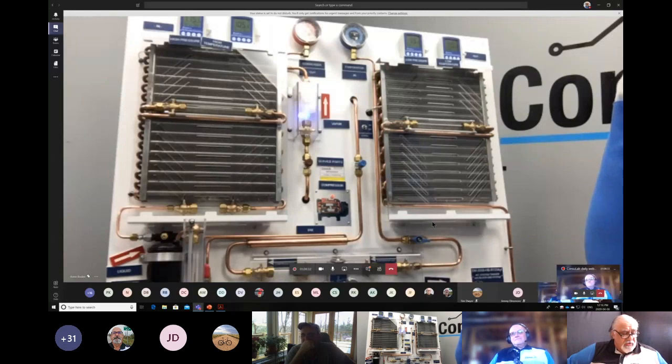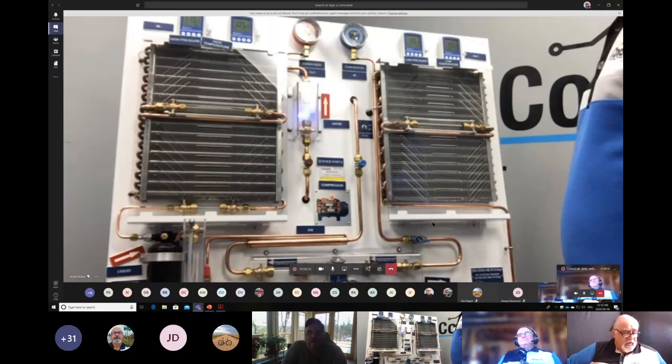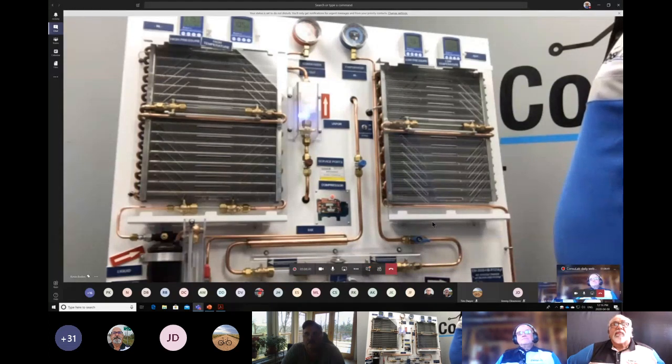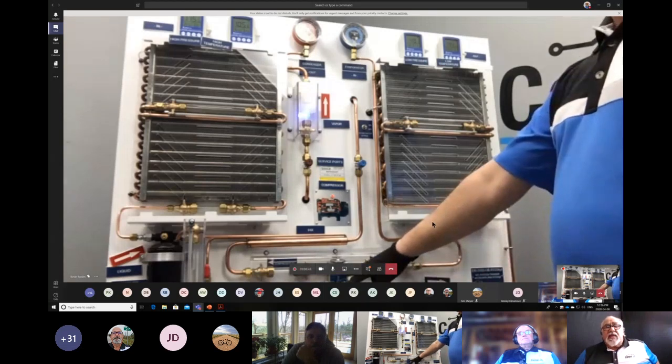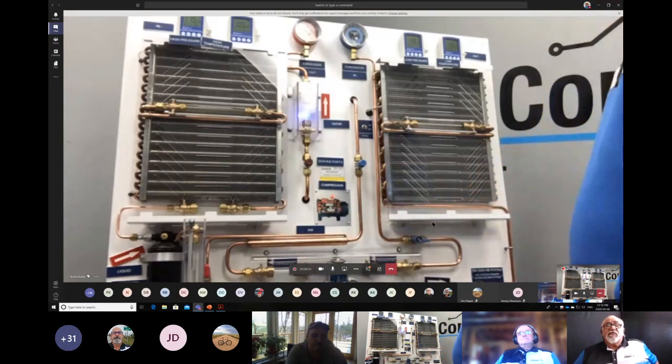And so if we do the 43 minus the 35, we're going to get 8 degrees of superheat. So we know that the spring in the H block TXV on this is set to give us around 8 degrees of superheat.